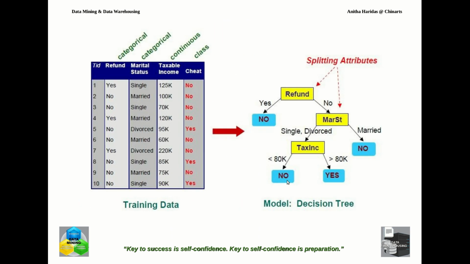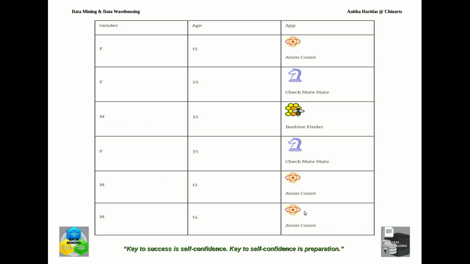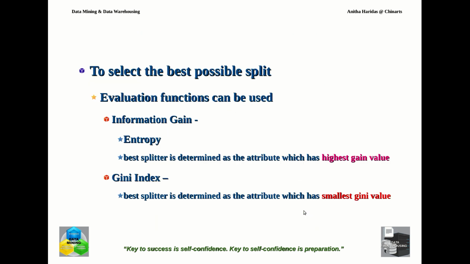So, we have discussed how the splitting attribute is to be decided for the decision tree. To pick the most determining attribute, the best one which divides the classes, we need to consider two important evaluation functions.